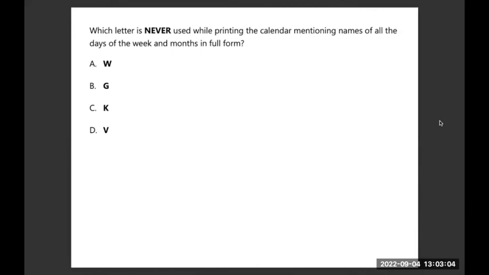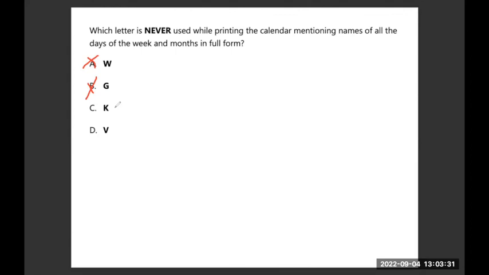Okay, in this case, where does W happen? Which day or which month has W? Wednesday. G, does G appear? August. So G is also not possible. Does K appear anywhere?